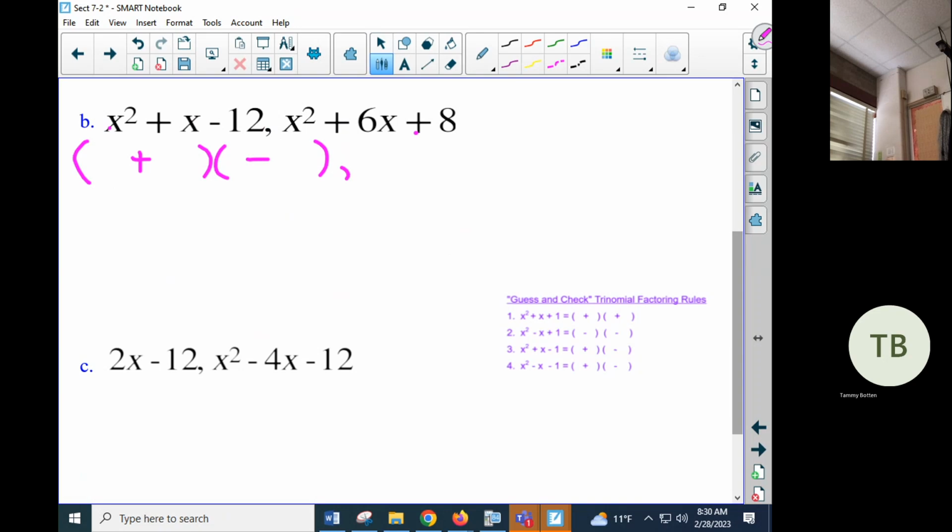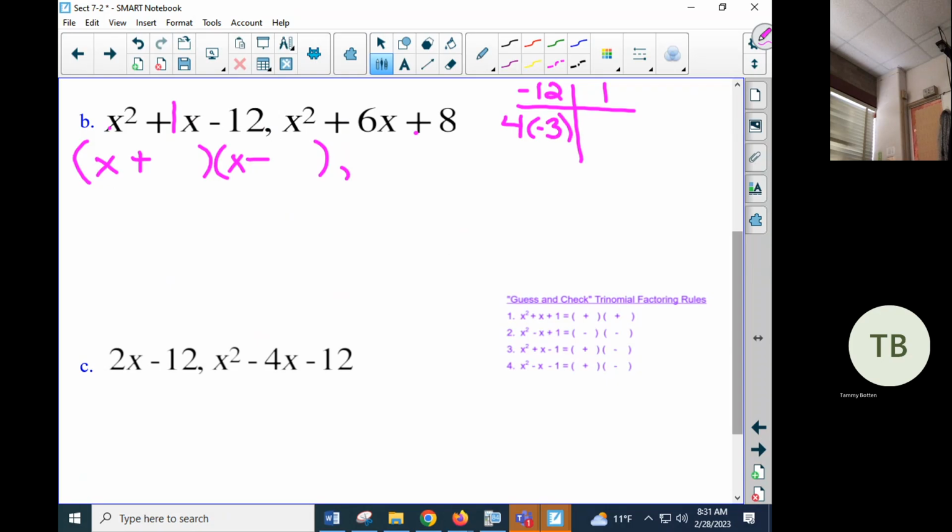It's x squared, so we have x and x. And then if you like to do that little chart, it would be 2 factors of a negative 12. And if there's nothing in front of that x, you want it to add up to 1. So can you guys think of 2 factors of negative 12 that add to 1? 4 and negative 3. Thank you.